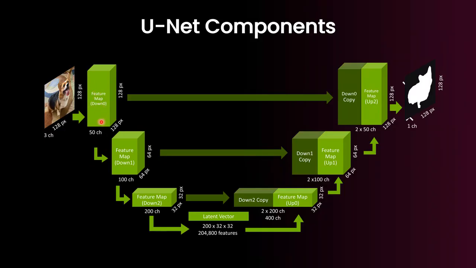At the down zero block, we have a feature map, an extracted feature from this image. I make a copy of it, pass it, and stack it onto the features here, which has a very good impact on making the segmentation output look very good. This is how UNet works.